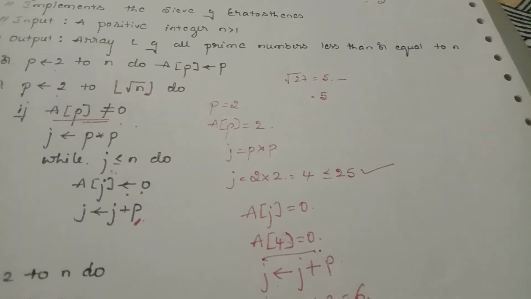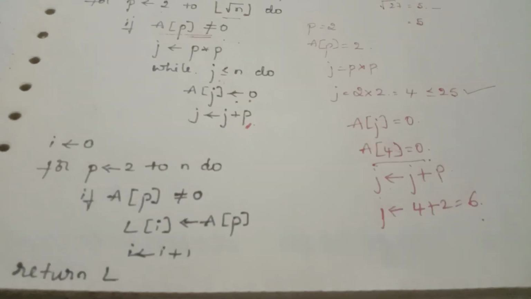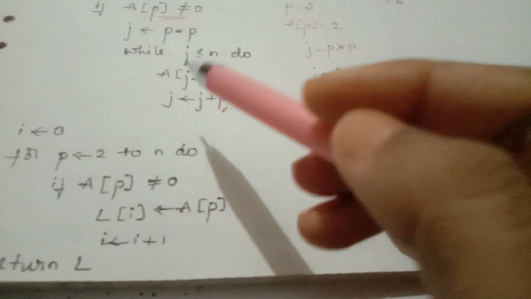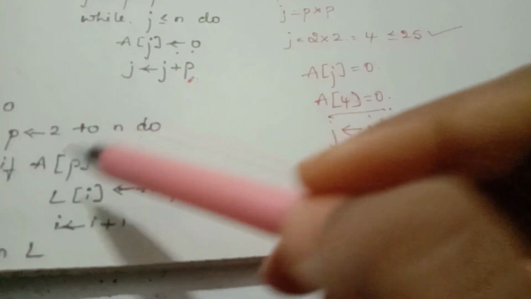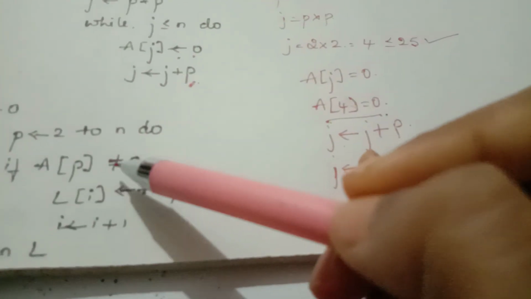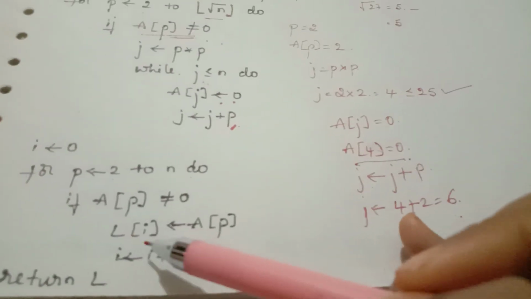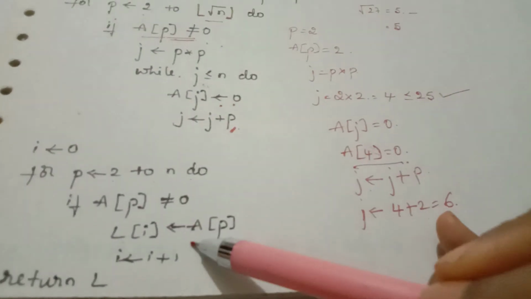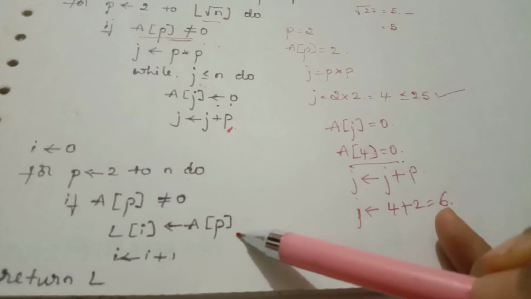So after repeating this until the square root of n, we have to come to copying the prime numbers. That is, for p equal to 2 to n, we have to check whether a of p is not equal to 0. Then we are just copying the number a of p to L of i if it is not 0.